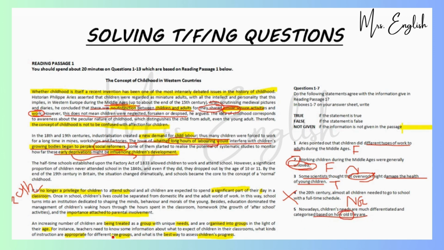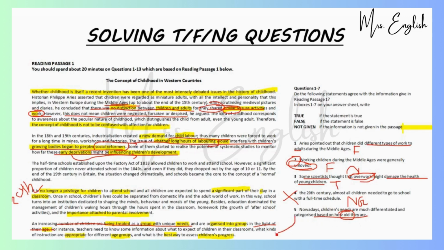So, in the final paragraph, as far as I remember, it was mentioned that an increasing number of children are being treated as a group with unique needs in the light of their age. So, this information can be found in this paragraph. Teachers need to know some information about what to expect of children in their classrooms, what kind of instructions are appropriate for different age groups, and what is the best way to assess children's progress.